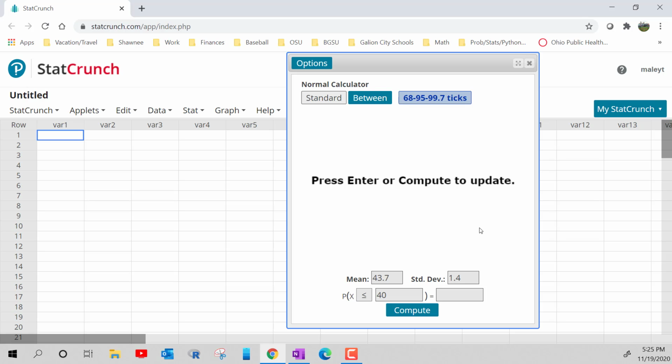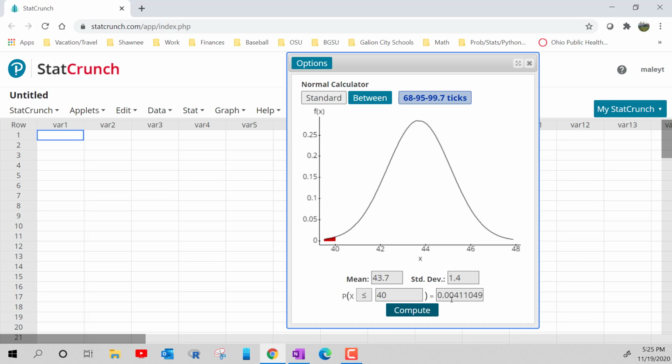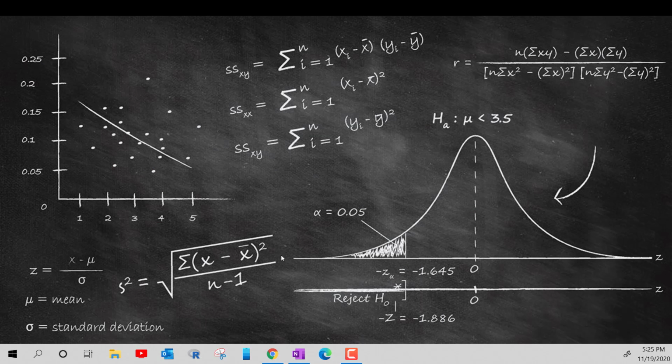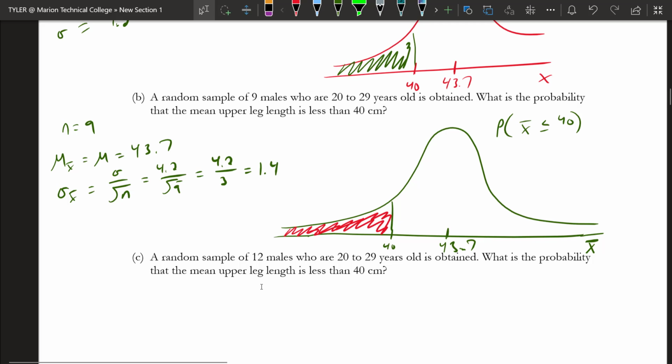If I hit compute, I get that probability, about 0.0041. This number is approximately equal to 0.004, which is equal to 4 out of 1,000.